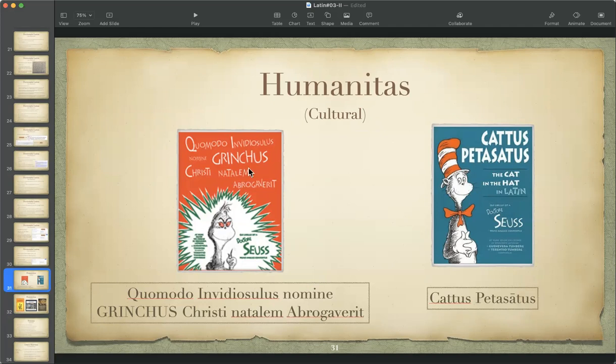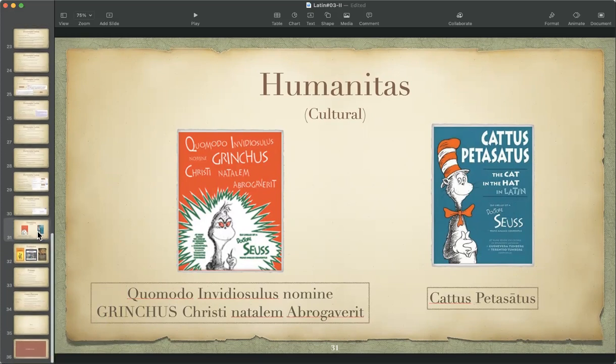The thing with doing these is there's a meter and cadence and a rhyme that has to be preserved from the English, and so that is why Catus Petasatus is the cat in the hat. He has preserved that cadence. There's lots of words for hat that he could have chosen. So yeah, it's very, very good.